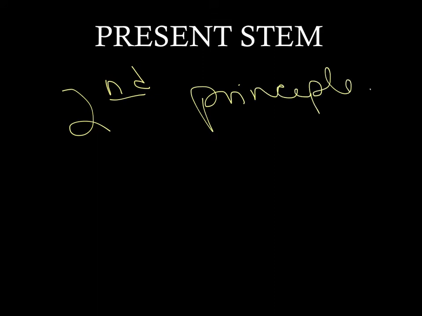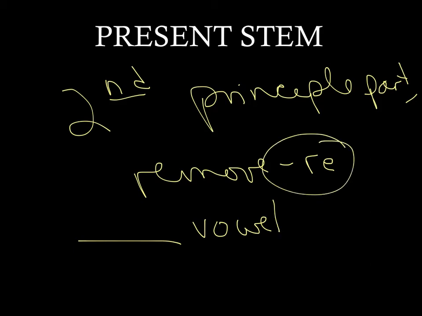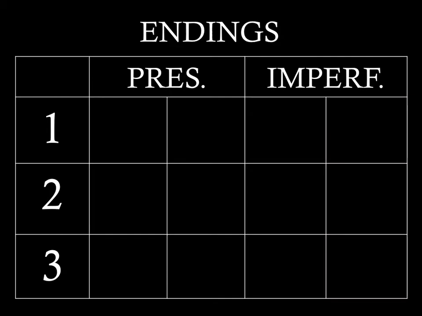So remember that the present stem is the second principal part, so that's the infinitive form, and then you remove the RE. So the present stem will always end in a vowel. That's important to keep in mind. So you only remove RE, not vowel RE.